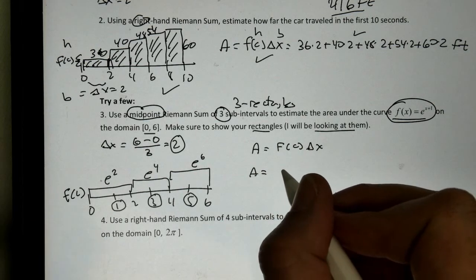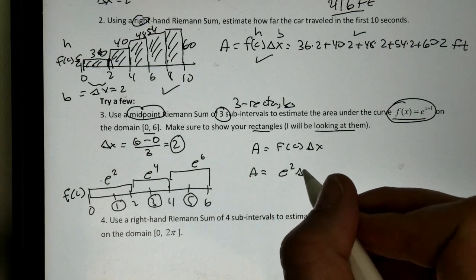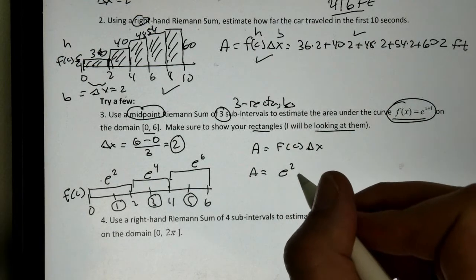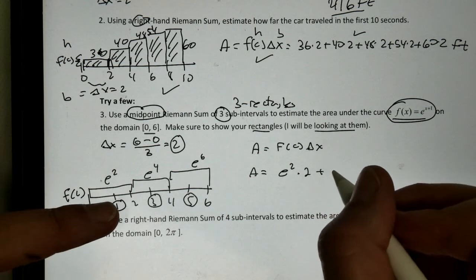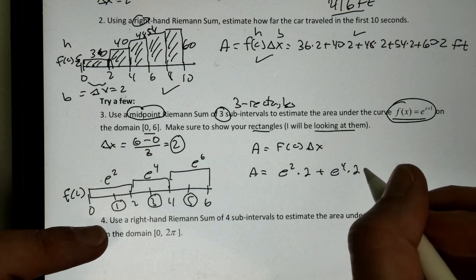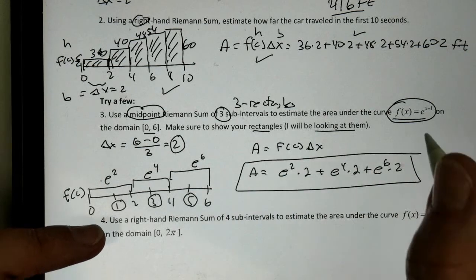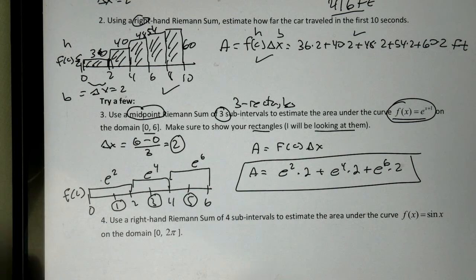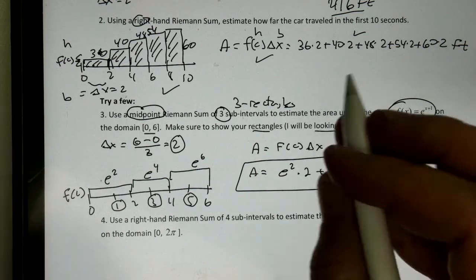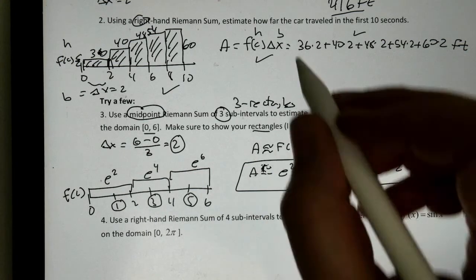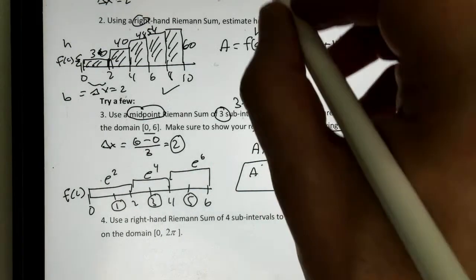My first f of c is e squared times 2, plus e to the 4th times 2, plus e to the 6th times 2. And we're just going to leave it like that. I don't know what that is. It's not going to be very pretty. But that is an approximation for our area, which is an approximation, so we should put a squiggly there instead. Sorry, that's a weird looking squiggly.